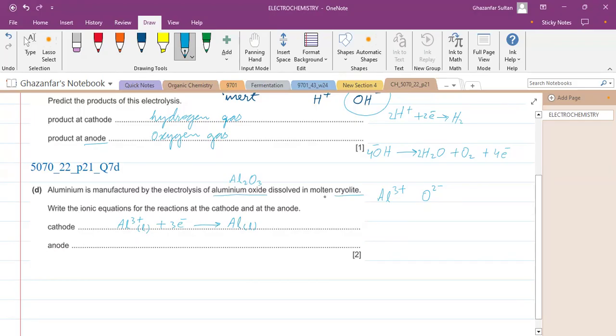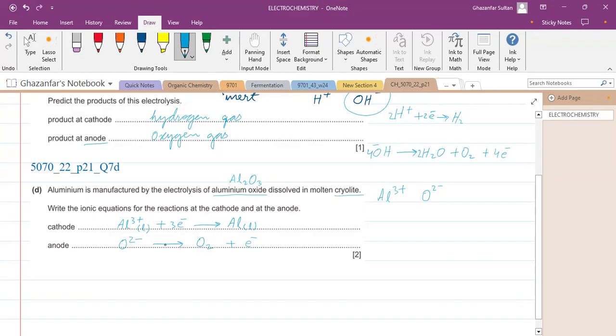Definitely in molten state only these two ions are there. So the anion goes to the anode and loses two electrons to produce one oxygen atom. But remember that oxygen does not exist in atomic form, so oxygen gas is formed.